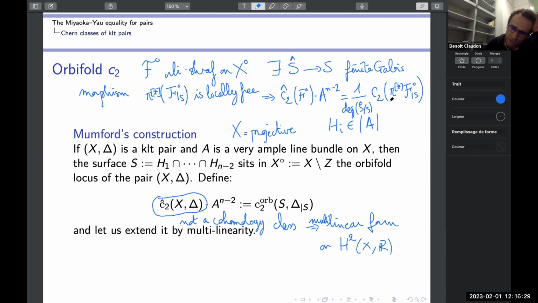And so it also has the advantage of staying in the algebraic setting. Okay, so because here when I write this C2 orb, I think of these things as an orbifold, and so I compute this C2 orb using the Chern theory.